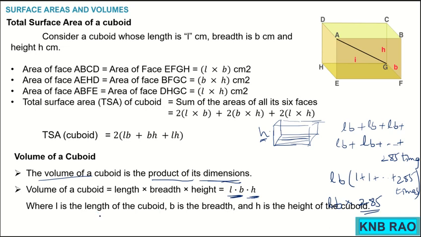Volume of any prism is the area of the base multiplied by its corresponding height. So area of the base into height will give you the volume. Now let us go for solving some examples on these concepts.